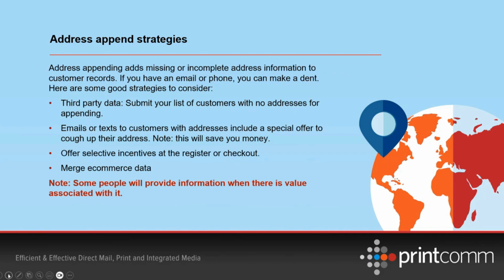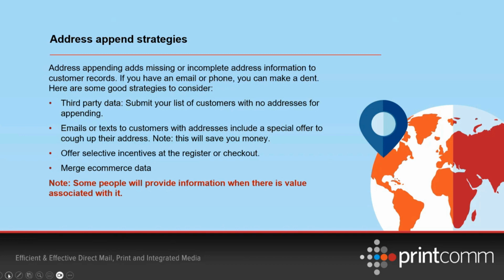I've got this down in red below. Some people will provide information when there's value associated with it. They're going to be hesitant to do it unless there's value. Another strategy would be to offer these same selective incentives that I referred to, sent out via email or text.